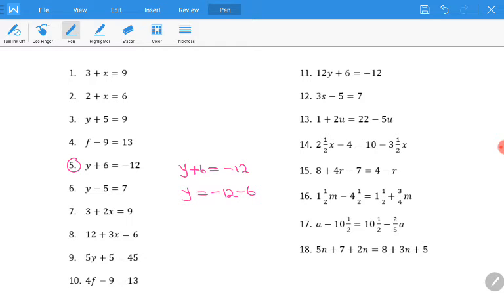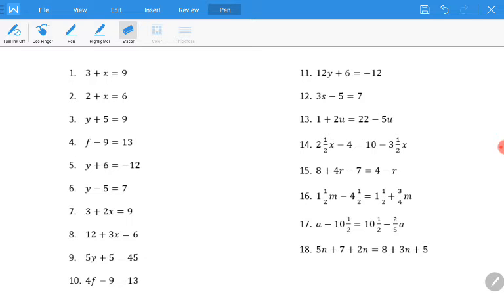My 6 is becoming negative because it has crossed the equal sign. So y is equal to negative 18. So you need to check if the answers that you are getting are correct.